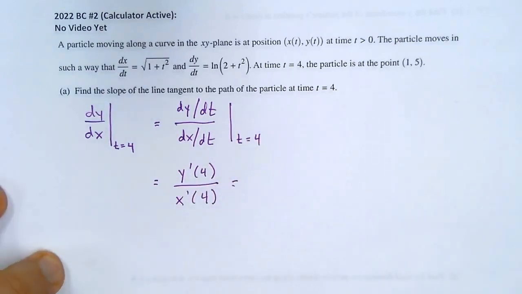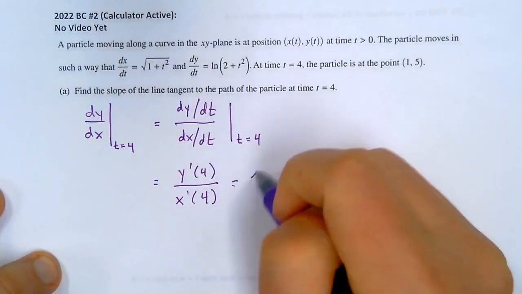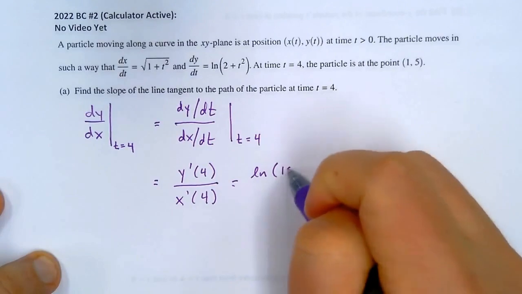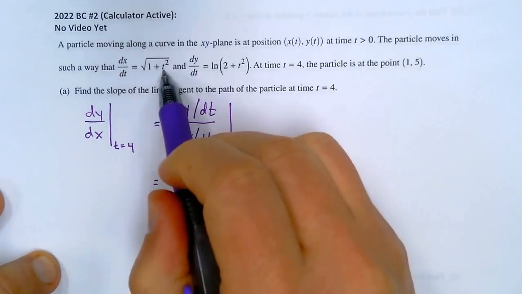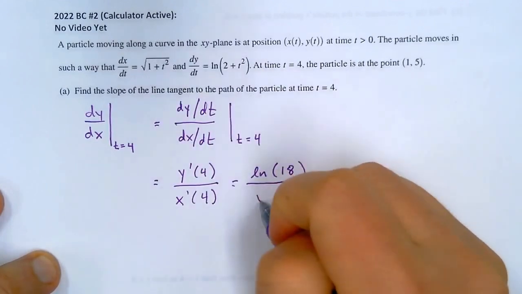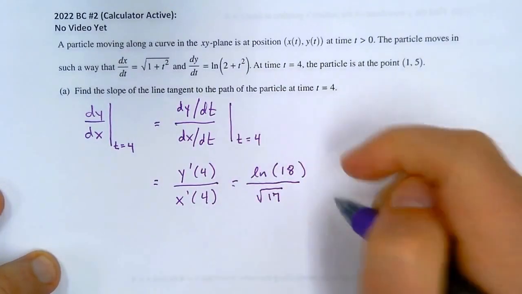If we evaluate y prime of 4, we stick 4 into this equation, we get ln of 18. And if we evaluate x prime of 4, we stick 4 into this equation, and we get the square root of 17.